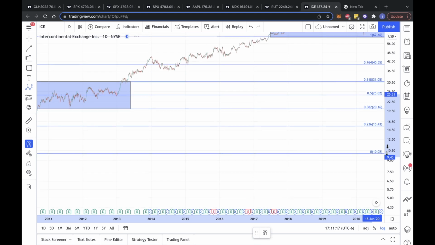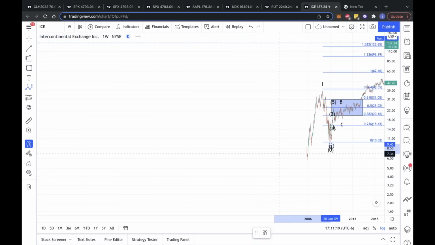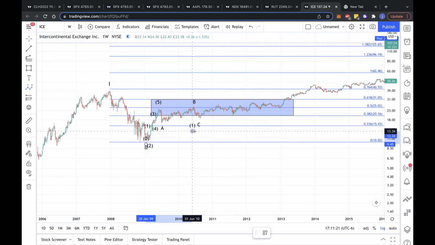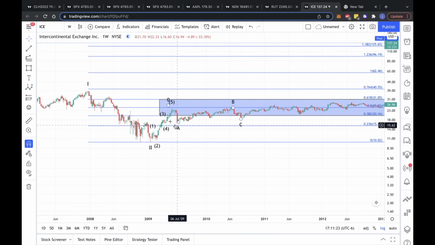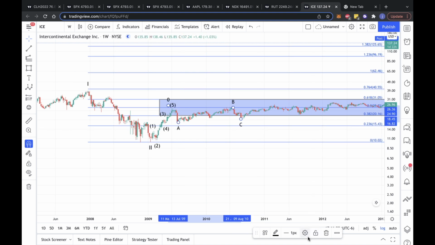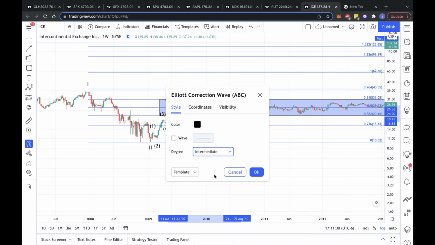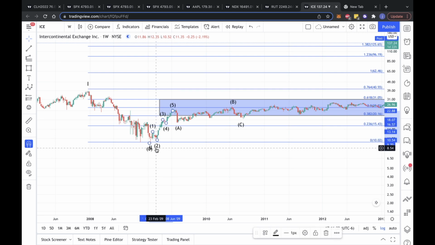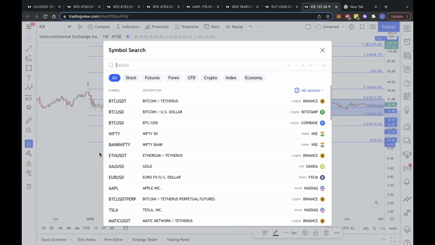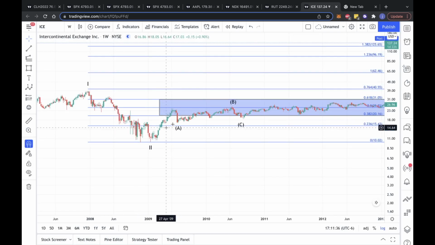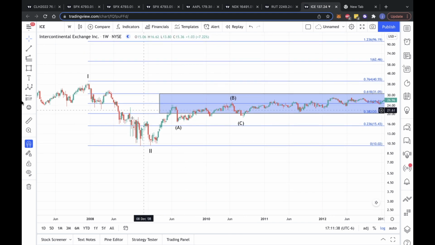Zoom back out. Okay, so we had our initial 5 up.